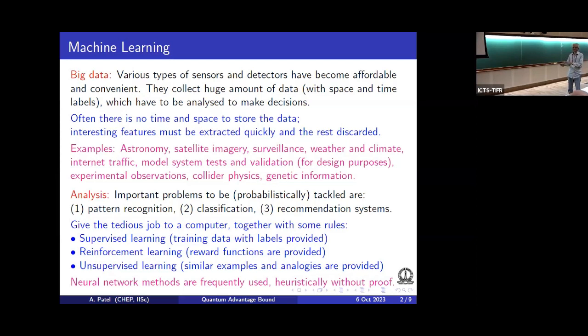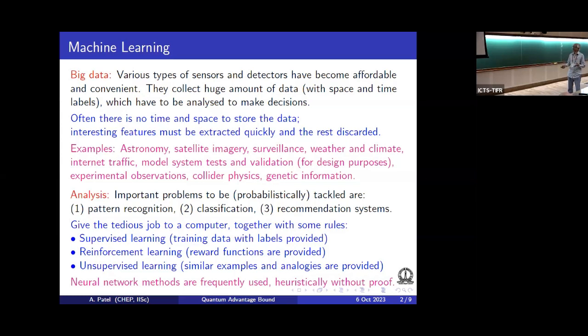So whatever was done right gets an advantage, and the other stuff that you didn't get right, you throw away. So the computer kind of narrows down the choices in some particular manner. And the third thing is unsupervised learning, where actually you don't have a model and you just have some similarities and analogies. Based on the analogies, the computer is supposed to build up a system for you.